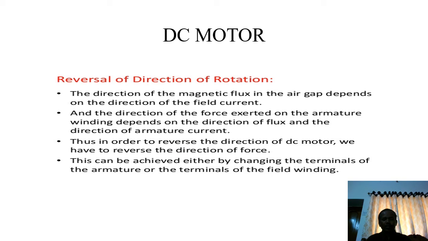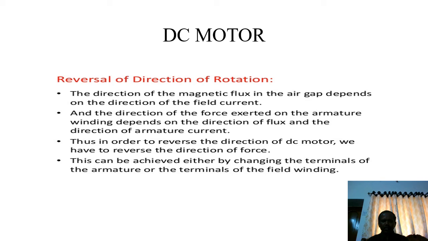Reversal of direction of rotation in case of DC motors. The direction of the magnetic flux in the air gap depends upon the direction of the field current, and the direction of the force exerted on the armature winding depends on the direction of flux and the direction of armature current.